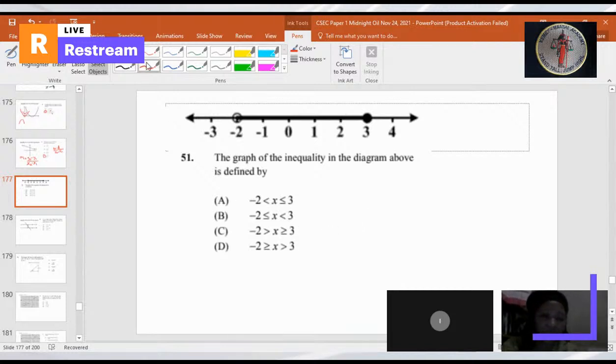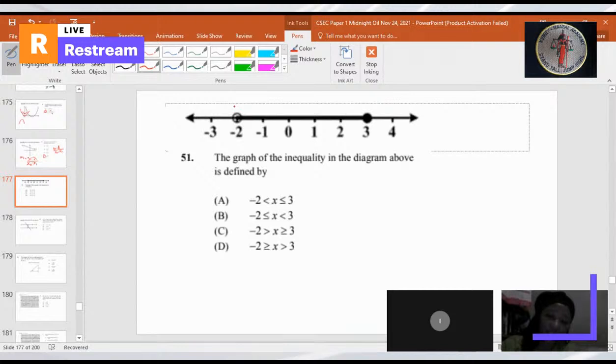All right. What made you decide on that? Miss, when it's just greater than, it's a circle without a filling, and when it's greater than or equal to, it's a circle with filling.